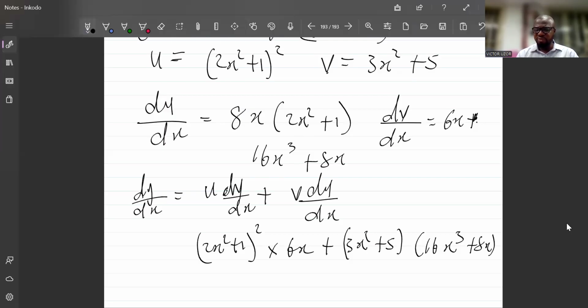From here, you can simplify your answer, and that will be your dy over dx. So that is how it works.